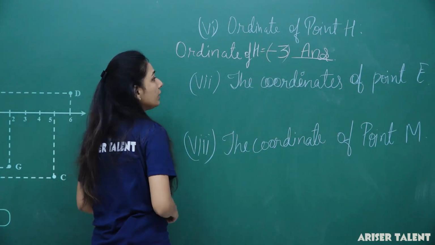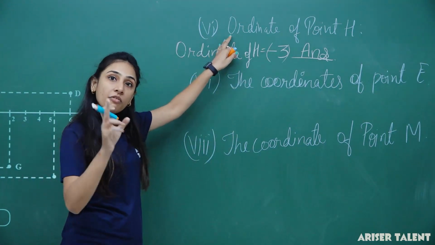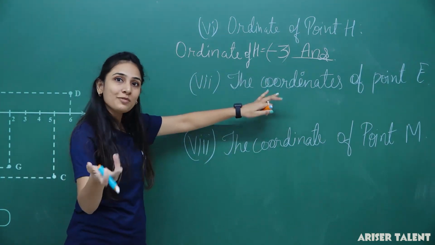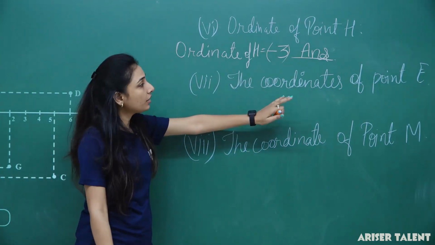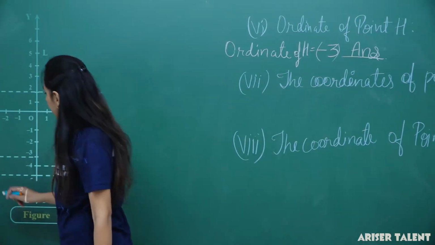Okay, now the coordinate. It's talking about ordinate only, that means the y-axis location. Now it's talking about the coordinates. Coordinates mean both axes. On the ordinate of point E, so point E is where? It's here.